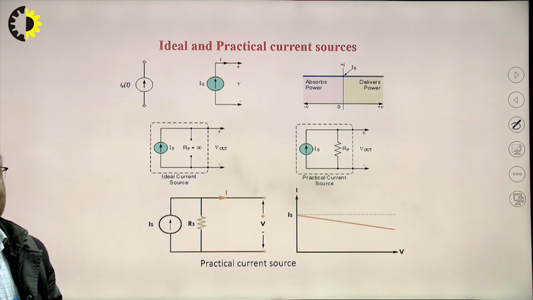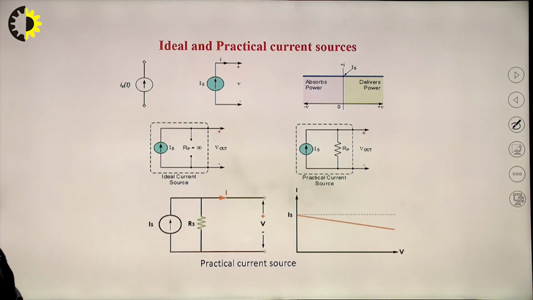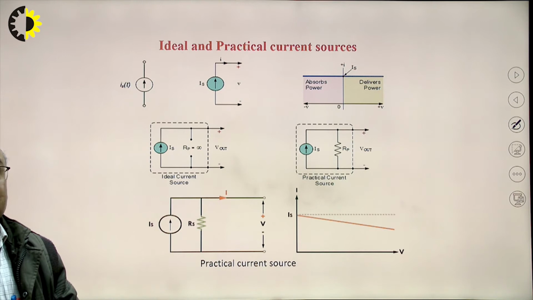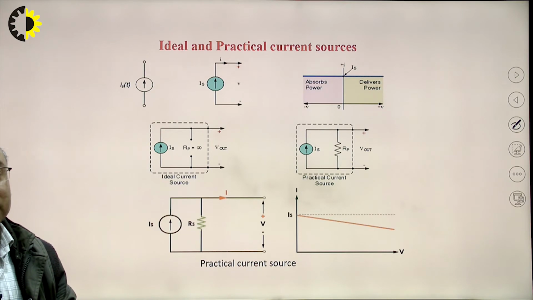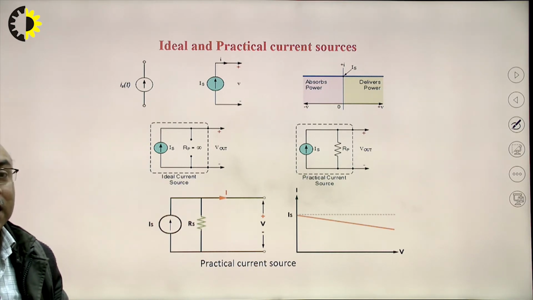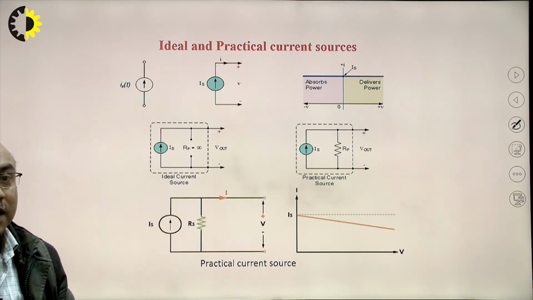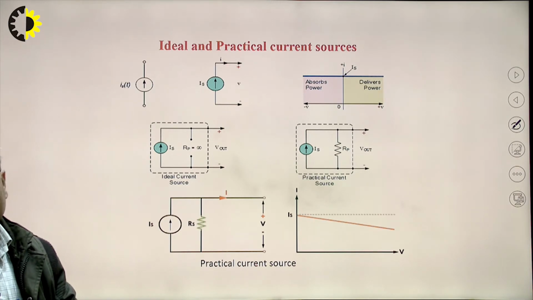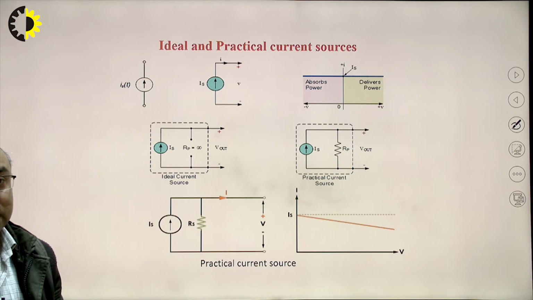Now, next we have ideal and practical current sources. This is the second category in the energy source. In an ideal current source, we can see from the symbolic representation in the diagram that it has an infinite value of internal resistance connected in parallel with the source, and due to it a constant current is supplied by this source in the circuit in which it is connected.